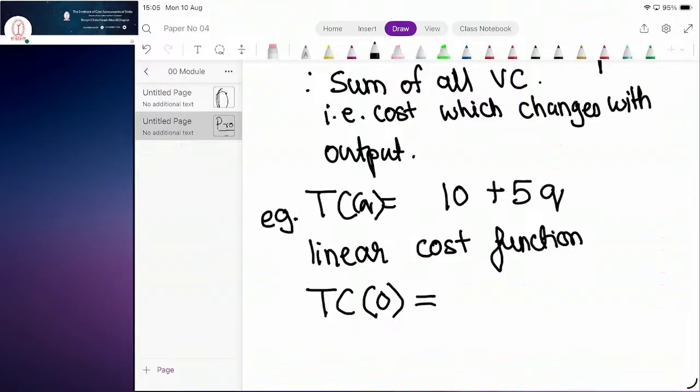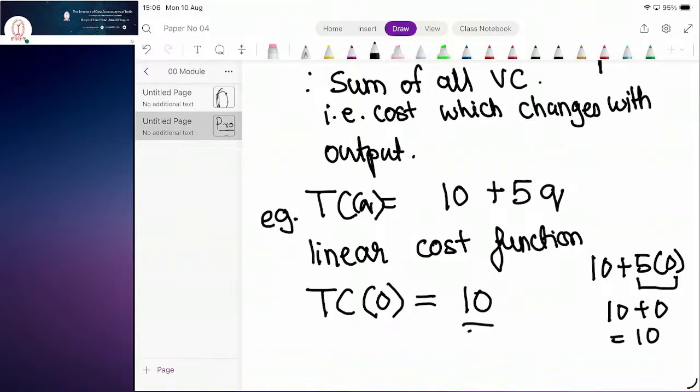Sir, 10. 10, very good. How did you get 10? If you put 10 plus 5 into 0, any number multiplied by 0 will remain 0. And 0 added to any number, the number remains unchanged. So it is first like 10 plus 0, which is equal to 10. So the answer is 10.